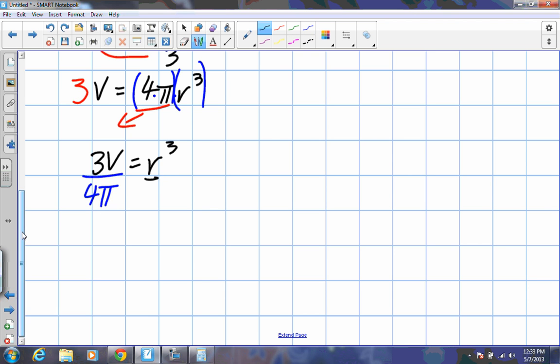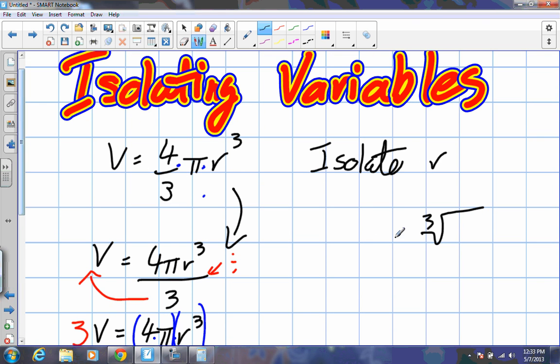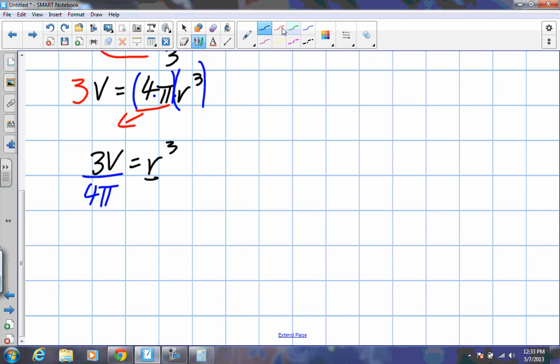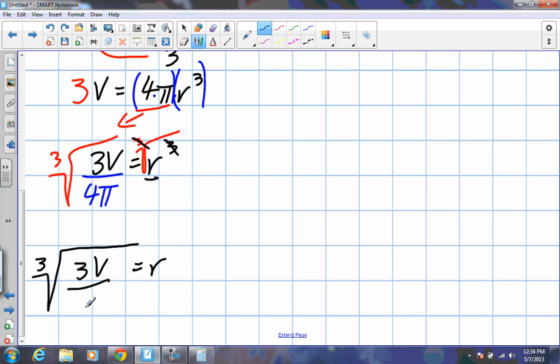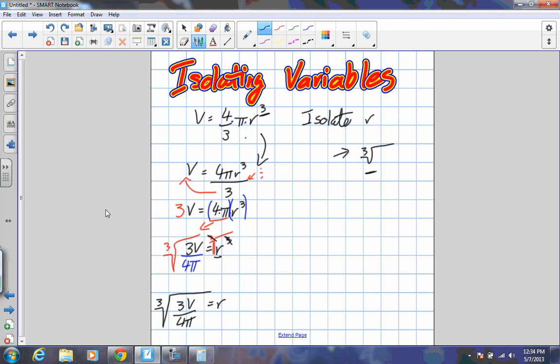And remember I told you at the very beginning that the opposite of cubed is the cube root. So to move that power of 3 to the other side, we have to find the cube root of both sides. In other words, these kind of cancel out, you could say. And we get r is equal to the cube root of 3v divided by 4 pi.